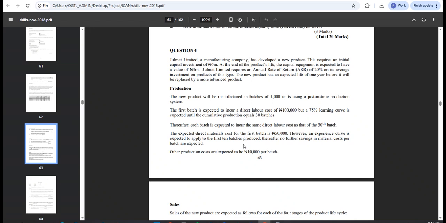The expected direct material cost for the first batch is 50,000 naira. However, an experience curve is expected to apply to the first 10 batches produced. Thereafter, no further savings in material costs per batch are expected. Other production costs are expected to be 10,000 naira per batch.